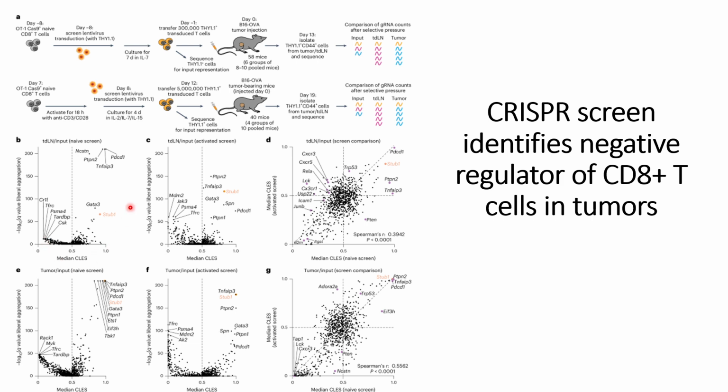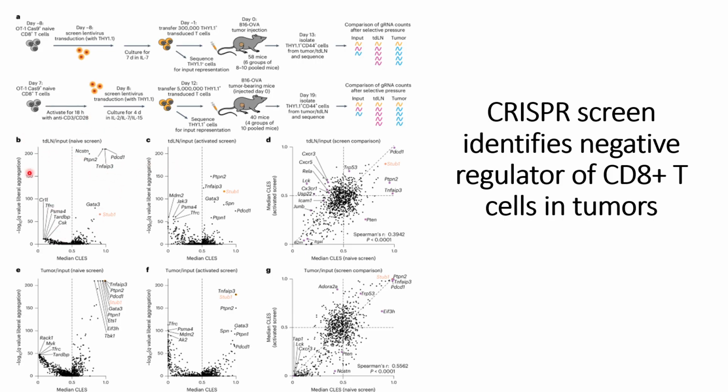First, panel B is about the TDLN case, and they compare it with respect to the input. They can see some of the negative regulators shown here, around STUB1, GATA3, and NCTN.